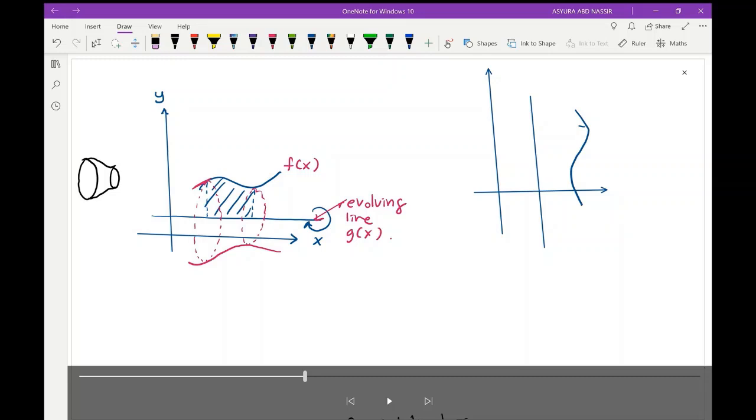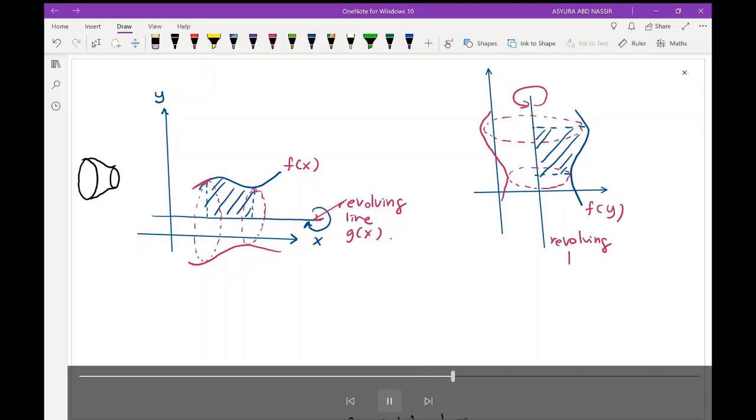What happens if you have the case where the revolving line is parallel to the y-axis? Look here. If your revolving line is parallel to the y-axis, and we assume that the shaded region is rotating on your revolving line there, this is the illustration we can see when the shaded region is revolving on a revolving line that is parallel to the y-axis.